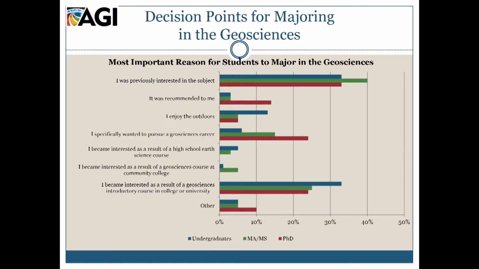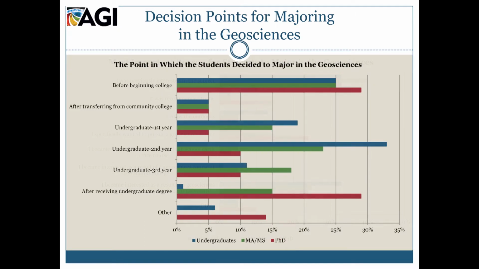This may look familiar to those of y'all that saw our currents. For those of you that haven't, please go and download it. But the decision points for majoring in geosciences, we saw that really the two most important decision points that the students pointed out were that they were previously interested in the subject, or that they became interested as a result of a geoscience introductory course in college or university.